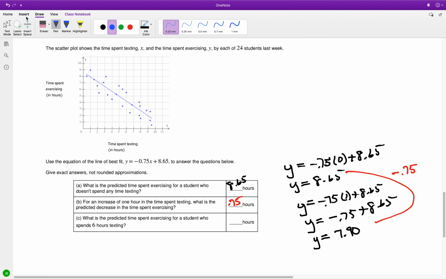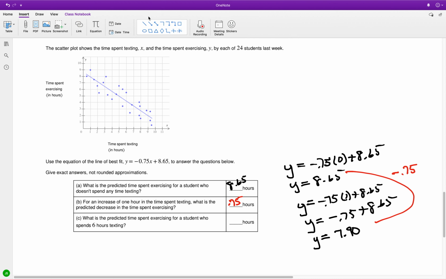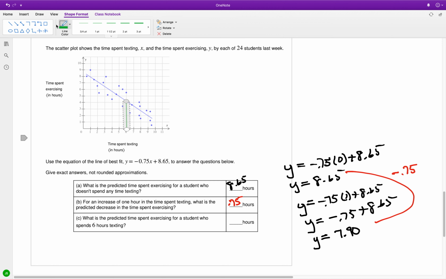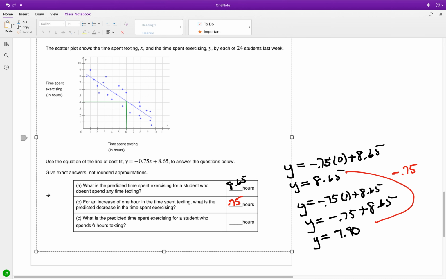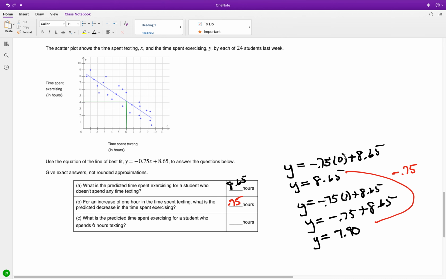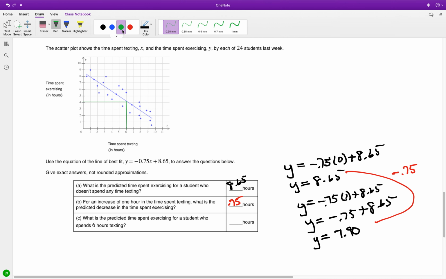With 6 hours of texting, if I were to use the graph, or you can use the formula too, I have negative 0.75 times 6 plus 8.65.